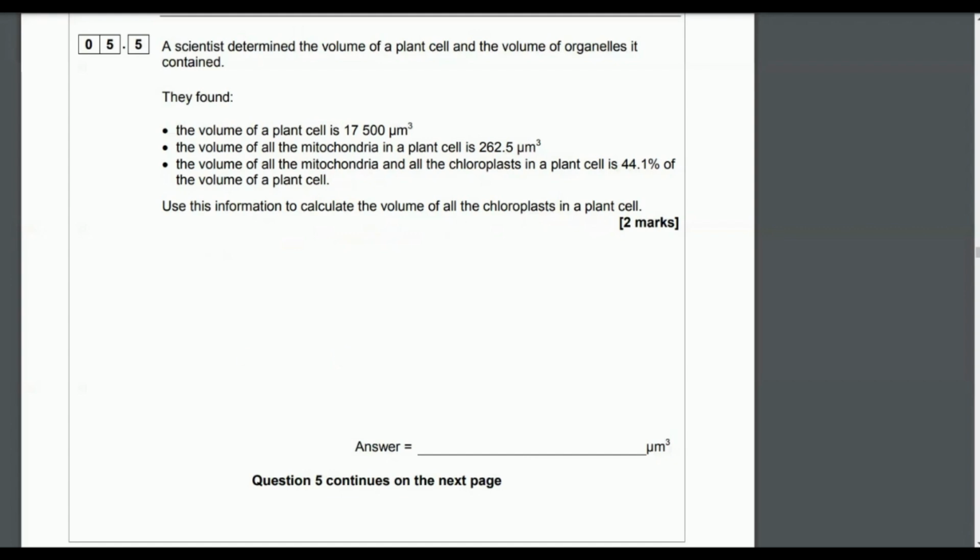Lovely. Okay, I'm going to go through the answer. So we know the volume of the plant cell is 17,500 micrometers cubed. However, they tell us here that 44.1% is the mitochondria and all the chloroplasts. So first of all, let's find out how much of the volume of the plant cell is mitochondria and chloroplasts.